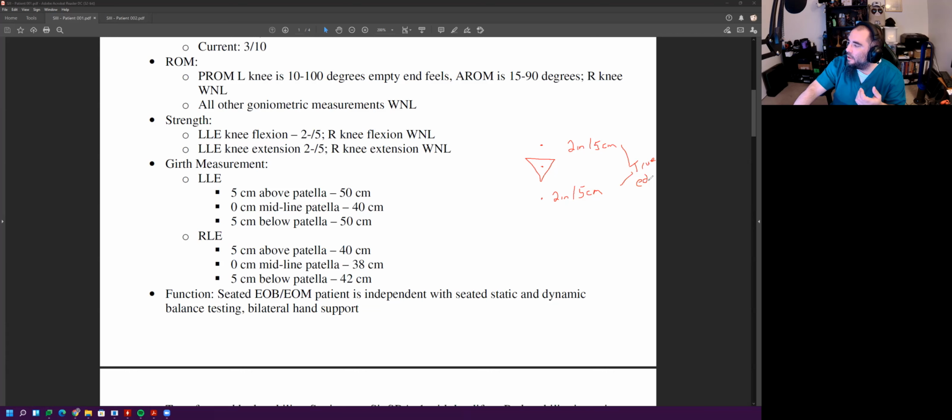True edema, we'll just call it. If I'm up here at 4 inches or 10 centimeters, and same thing down here, 4 inches, 10 centimeters, now I'm getting some muscle. So at those 2 points, I'm also looking at atrophy or hypertrophy.